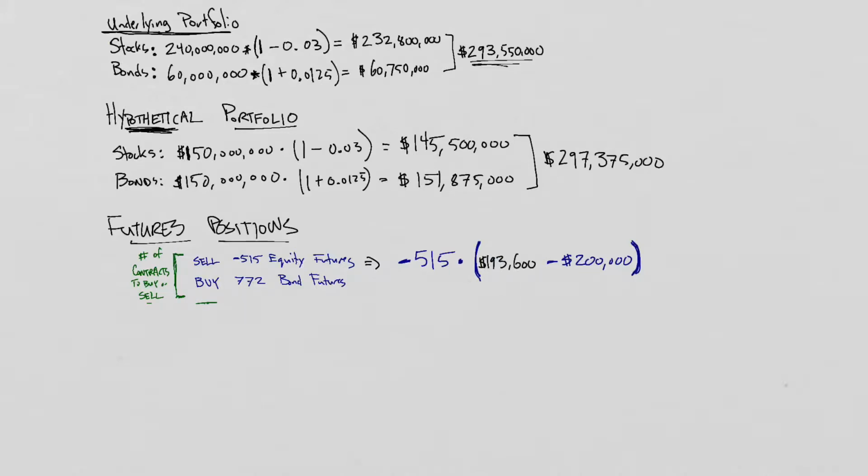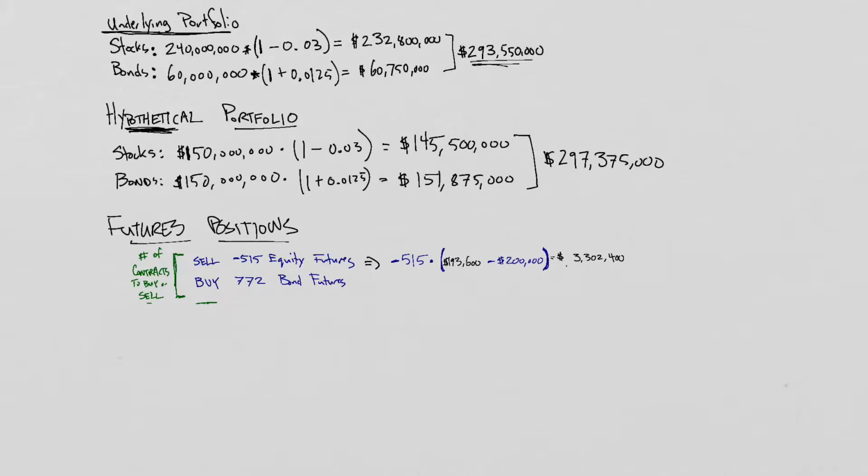And this is a negative number because we were shorting, and that means that the profit on this short equity futures position, when the market falls by 3%, is a dollar profit of about $3.3 million. And that's for one side of our derivatives position.